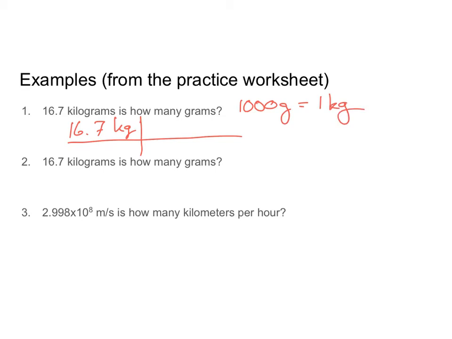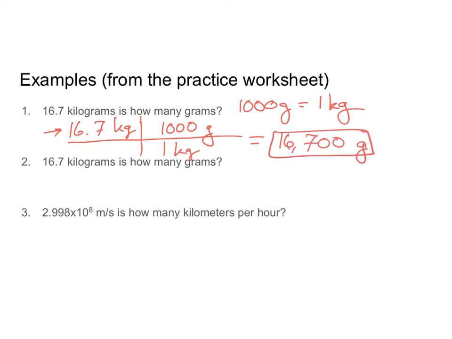So where do I put this? Well, the way that I always think about it is my units need to cancel. So if I have kilograms on the top right here, I need to have kilograms on the bottom right here. So that is my 1,000 grams. So 16.7 kilograms is 16,700 grams. Very, very simple, okay?